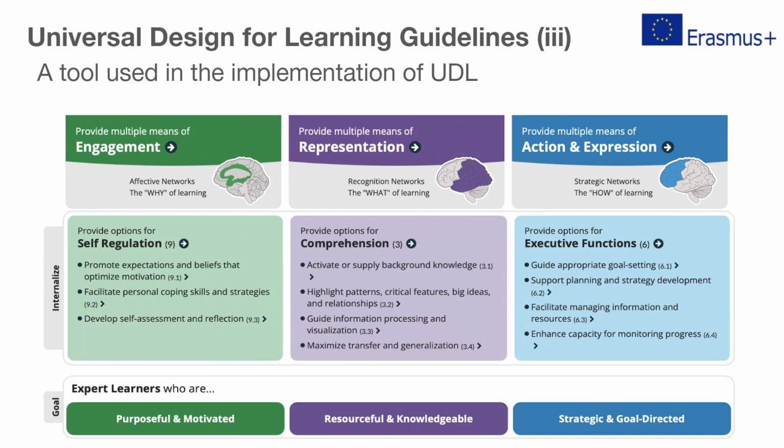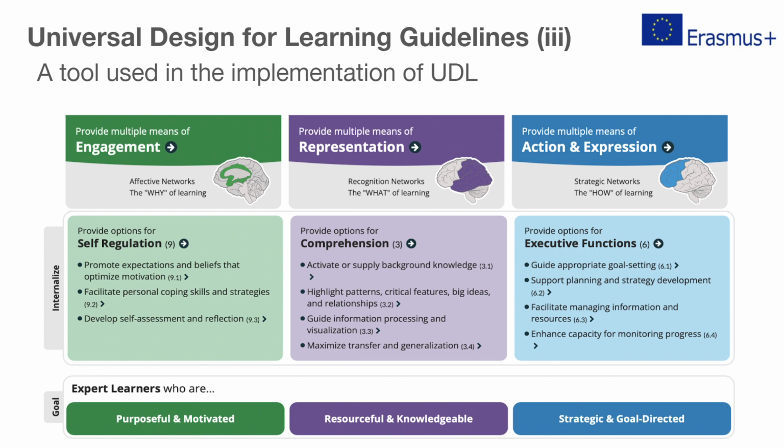Last but not least, in order to internalize the knowledge, this guide recommends providing options for self-regulation: promote expectations and beliefs that optimize motivation, facilitate personal coping skills and strategies, and develop self-assessment and reflection.